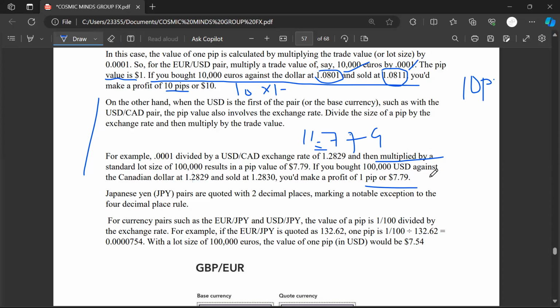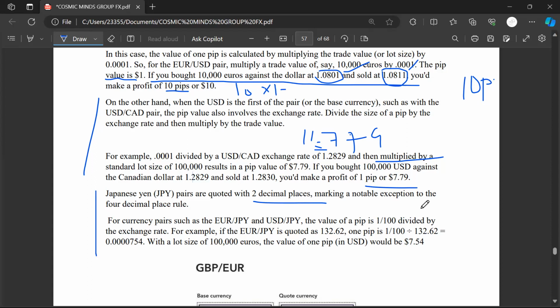That is it. So now the yen pairs have 2 decimal places. If you have any currency pair with a yen in it, that's what it is. It's as simple as that. So take note of the criteria for how the calculation is done. If you have any yen pair, the yen can be on the left or right.